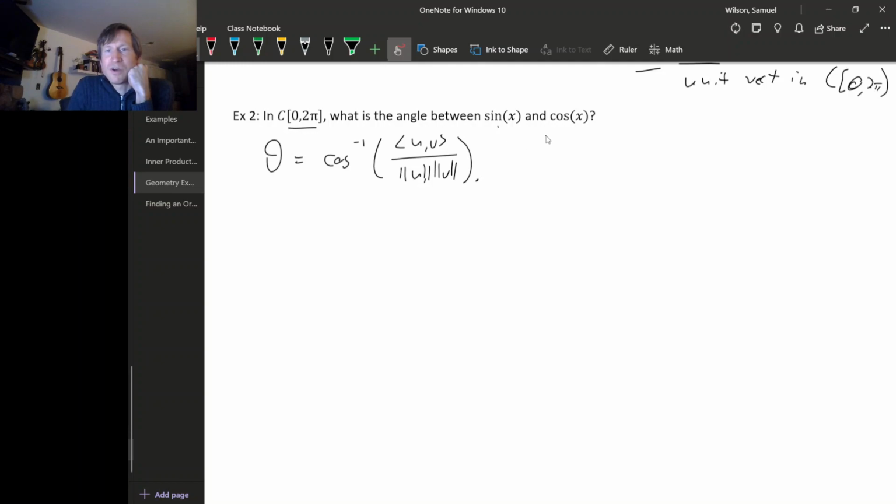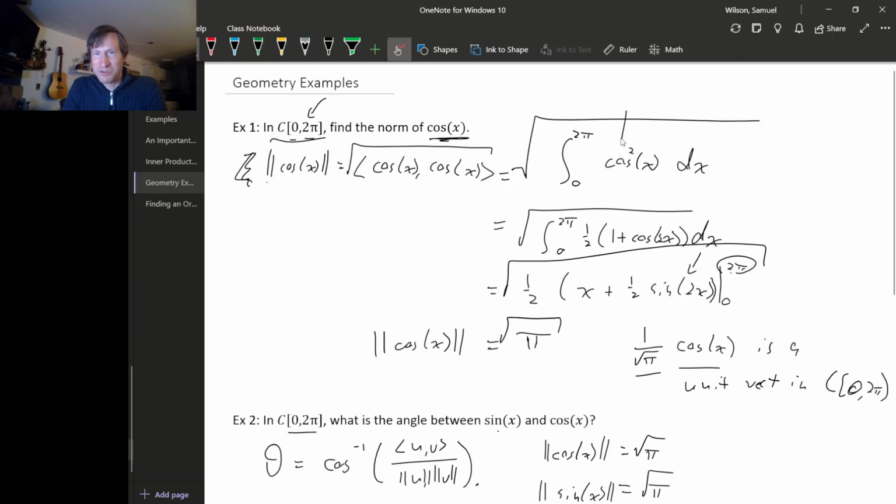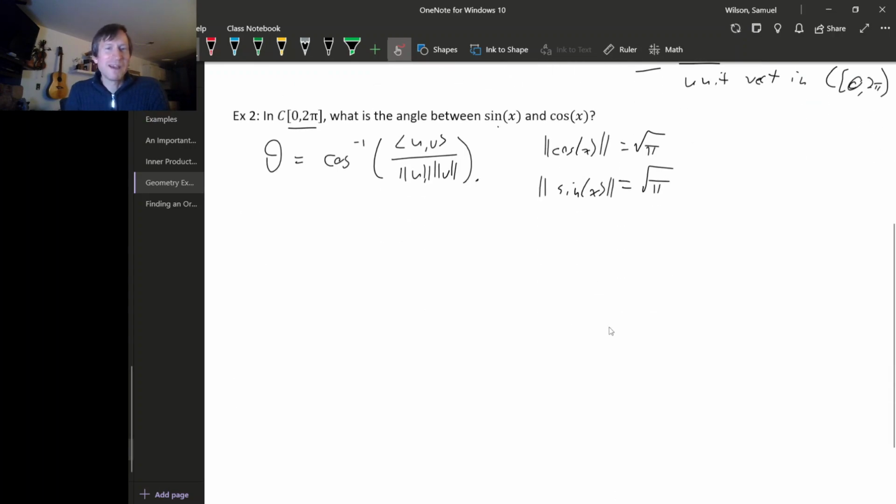We know the norm of cosine already: it's square root of pi. And it probably won't surprise you that the norm of sine is the same. If you run through the same calculation with sine squared instead of cosine squared, the only thing that changes is this plus turns into a minus, but that didn't affect the result. So the norm of sine is still square root of pi.